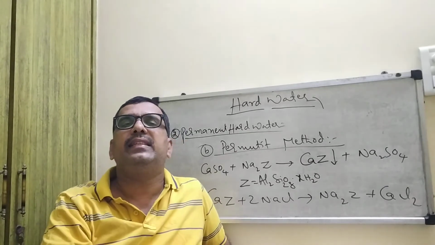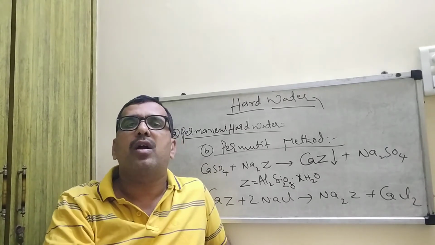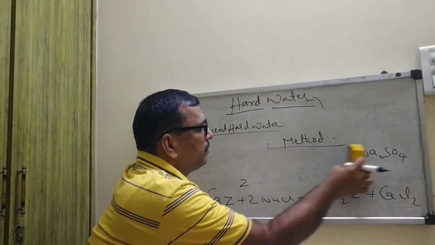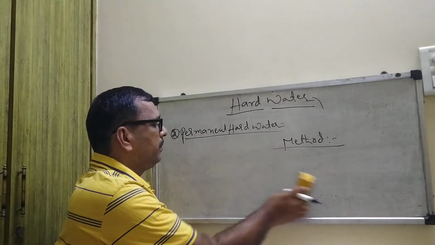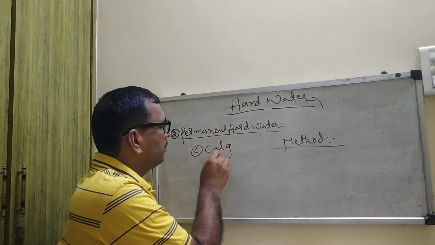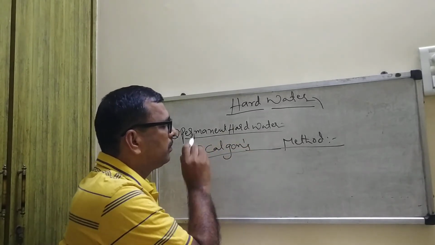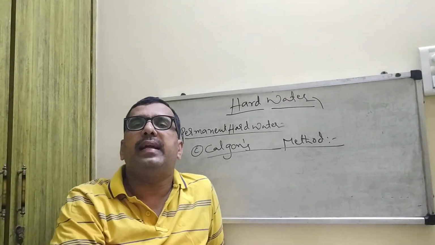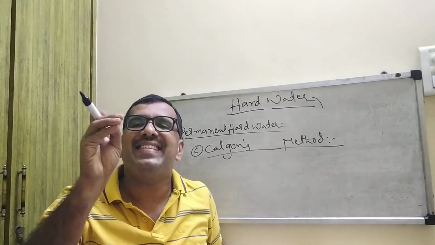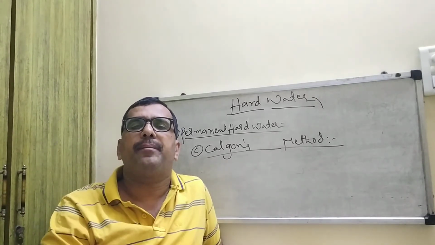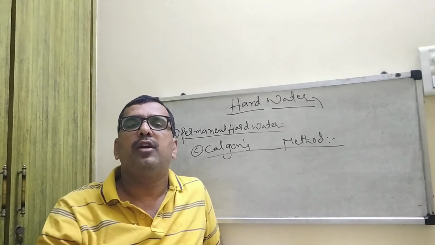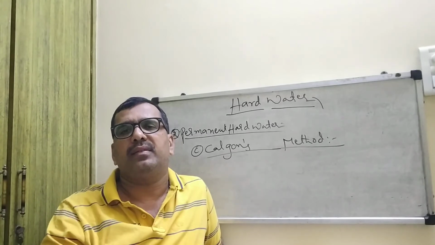The next and last method, the third method, is Calgon's method. When Calgon is added to hard water, Calgon reacts with calcium and magnesium salts to form a complex salt.